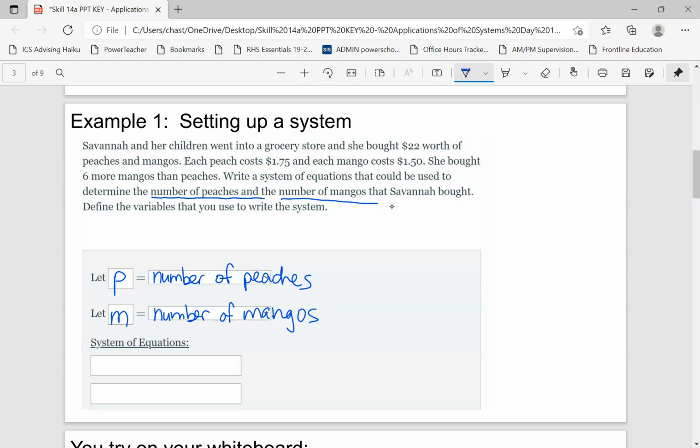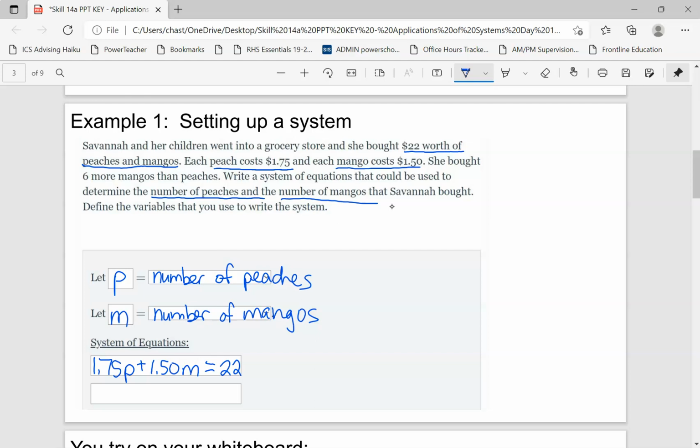So, looking through the sentences again, we know that we bought $22 worth of peaches and mangoes, so something will equal 22. Each peach costs $1.75, so 1.75P. And we're adding to that each mango costs $1.50. And there's our first equation.